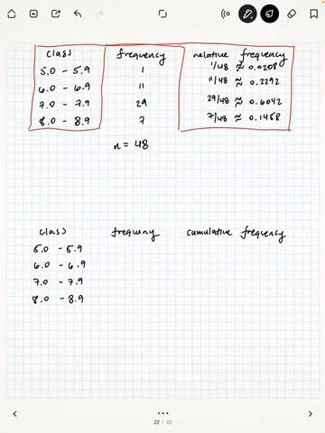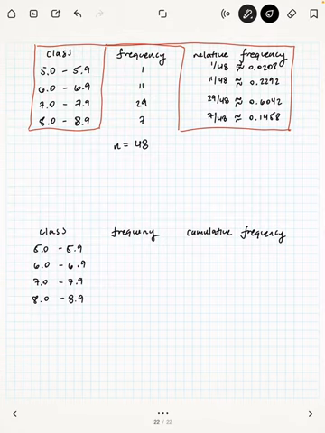And how you know you've done this correctly is if you add up all these relative frequencies, and if you've rounded, you might be off by just a tiny amount, but I'm currently calculating on my handheld calculator. If you have your TI-84, that's a great tool, or even a phone calculator will work, to be honest.